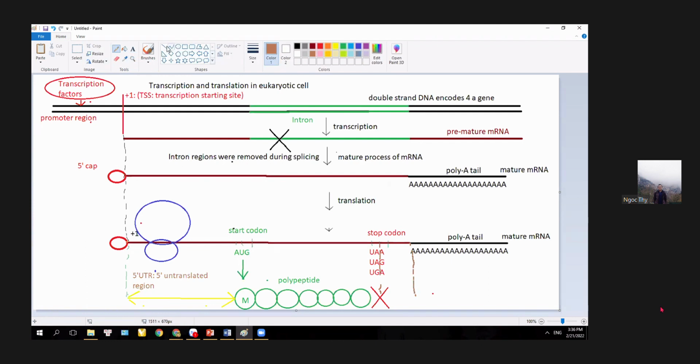So we have the region here. This region was transcribed. It's located in the mRNA, but not translated because it is not coding. So we call it the 3' UTR regions.